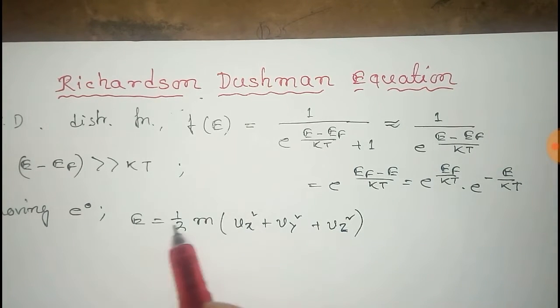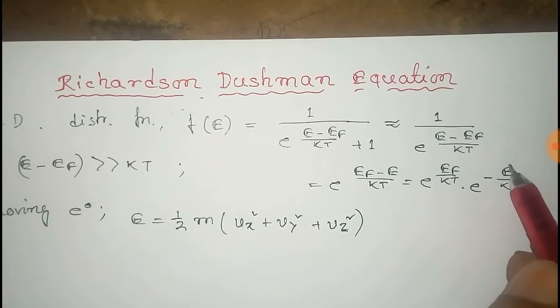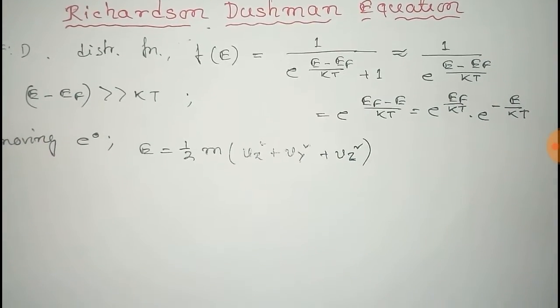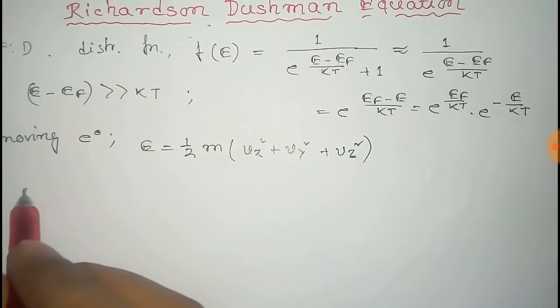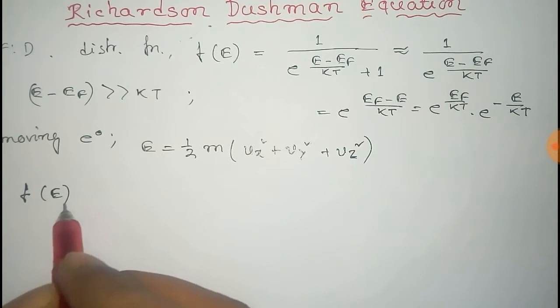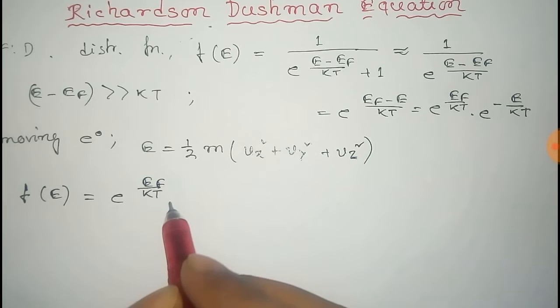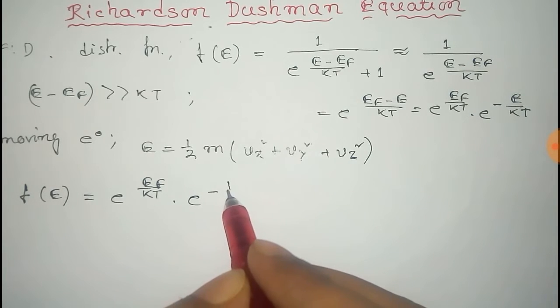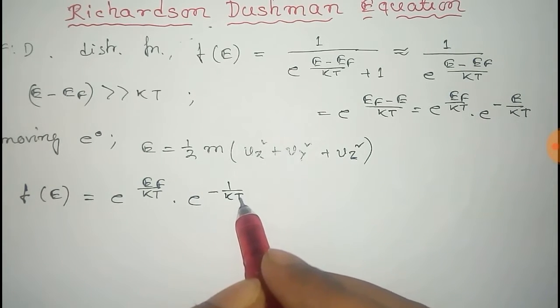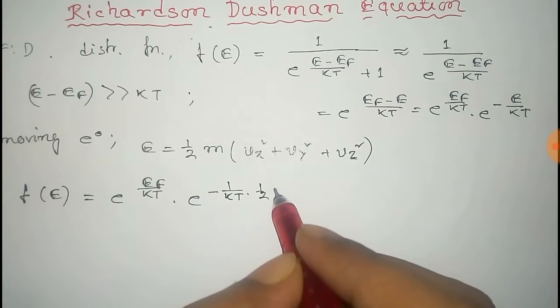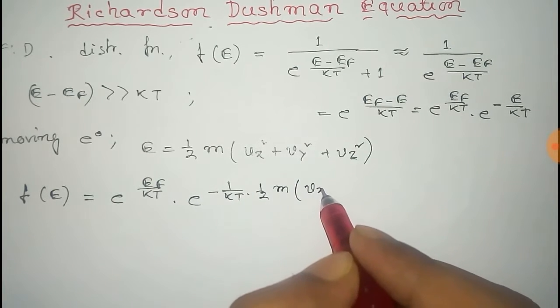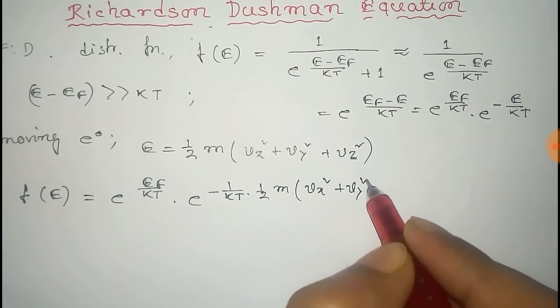Okay, now put this value of E in that case, so we get f(E) equal to e to the power EF by kT into e to the power minus 1 by kT into the value of E, that is half m (Vx square plus Vy square plus Vz square).